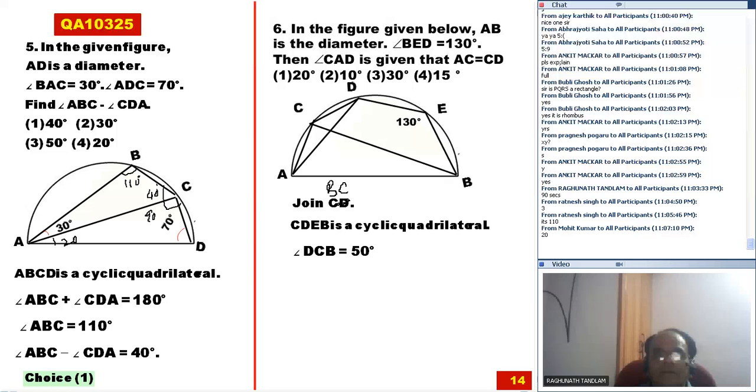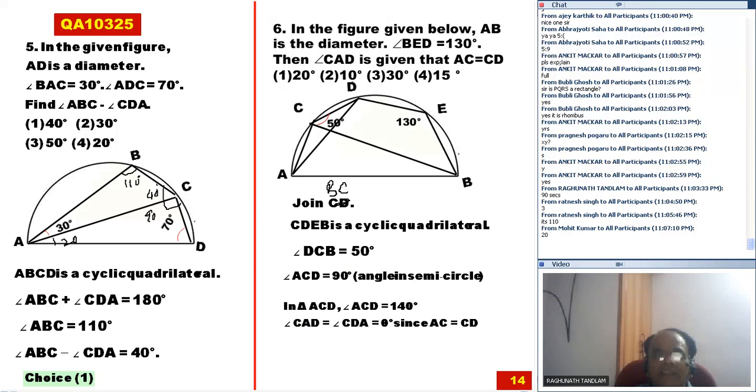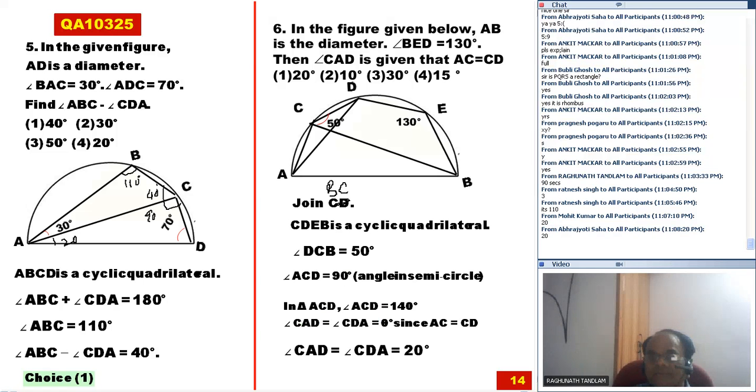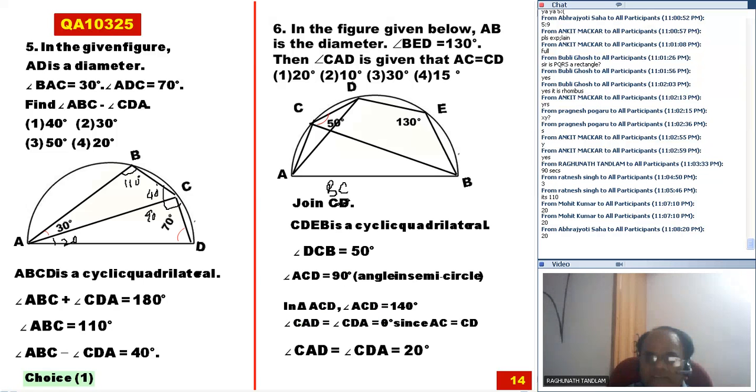What is angle ACB? 90 degrees, angle in a semicircle. And CAD equals CDA because AC equals CD. Therefore, CDA is 20 degrees. Remember, a question like this came in many slots last year. That's why I've given 2 questions, especially on cyclic quadrilateral. Next one.